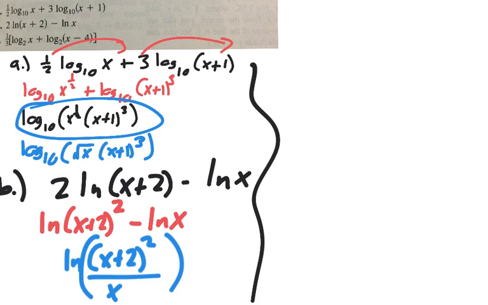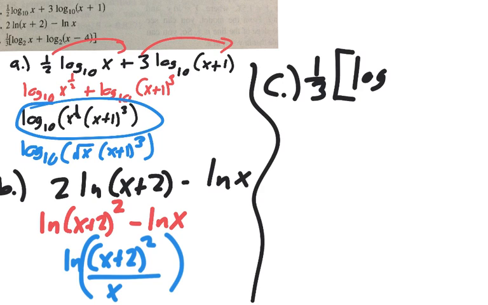And then C part, I now have 1/3 times, in brackets, log base 2 of x plus log base 2 of x minus 4.